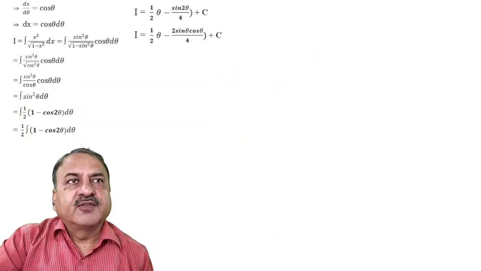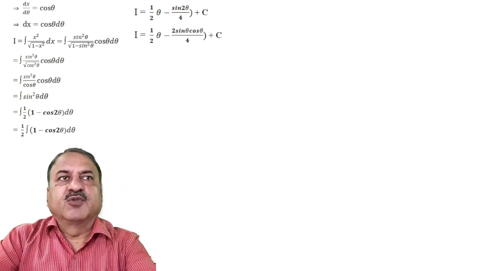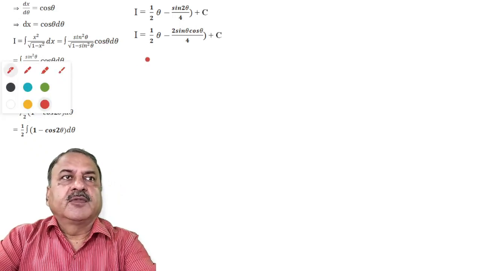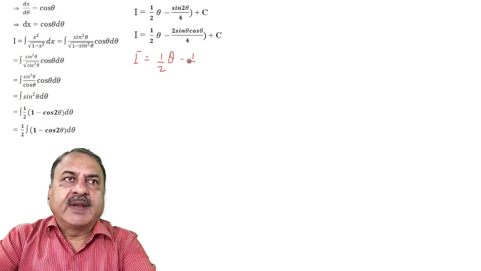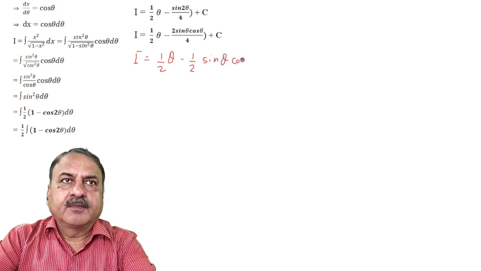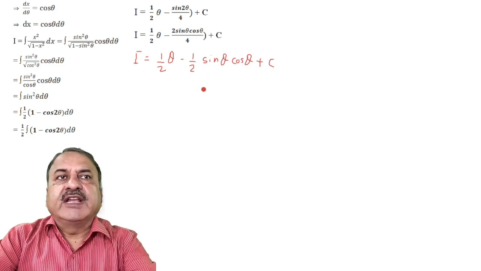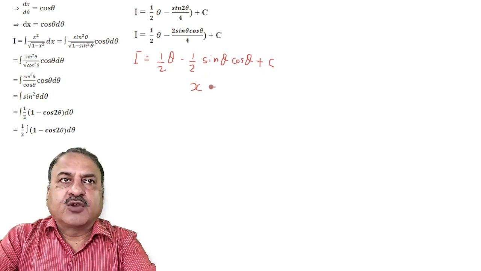So this is what we now have. Let's move on. We can simplify it further. 1 by 2 theta minus 1 by 2 sin theta cos theta plus c. And initially we assumed x equal to sin theta.